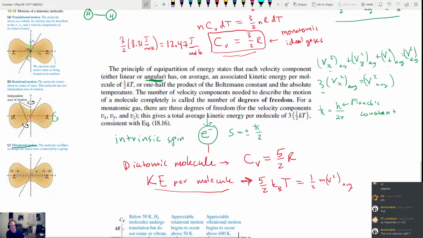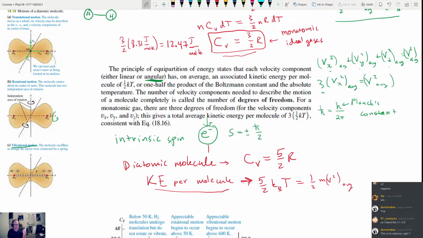The diatomic molecule, on the other hand, can spin like this. It can be vibrating like this, but it can also rotate like this, around the y-axis or around the z-axis, or kind of into the page and out of it.